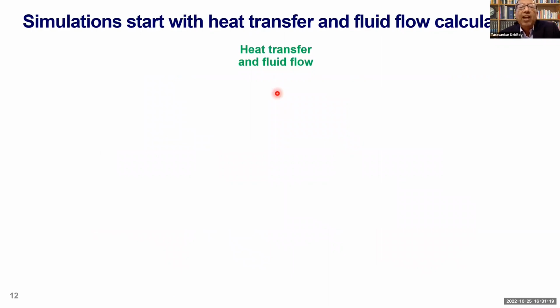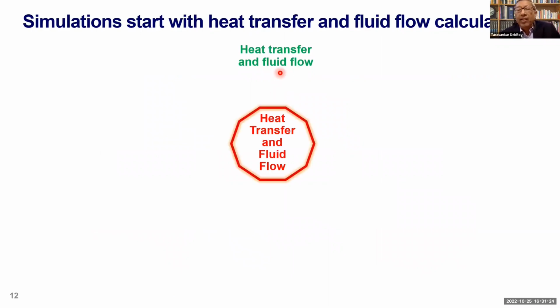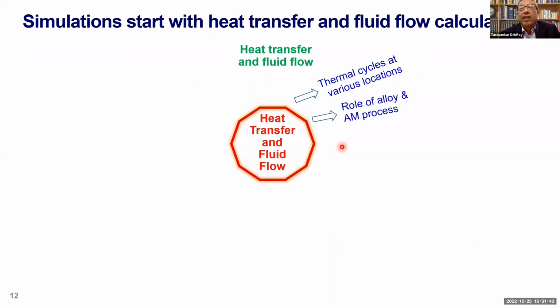We often start with heat transfer and fluid flow calculations. Heat transfer and fluid flow calculations are a requirement for understanding time-temperature excursions at various locations within the part. Thermal cycles is what we call it. It can also take into account the thermophysical properties of materials.